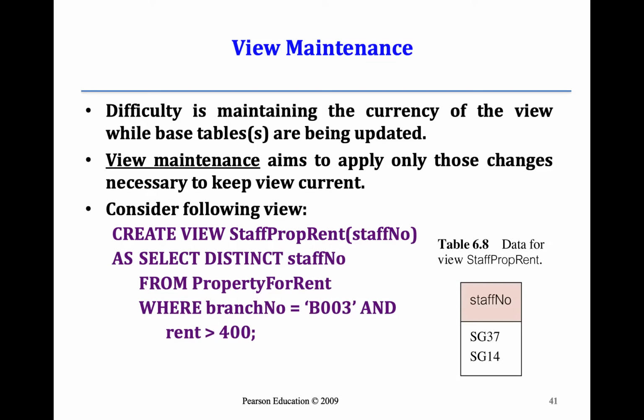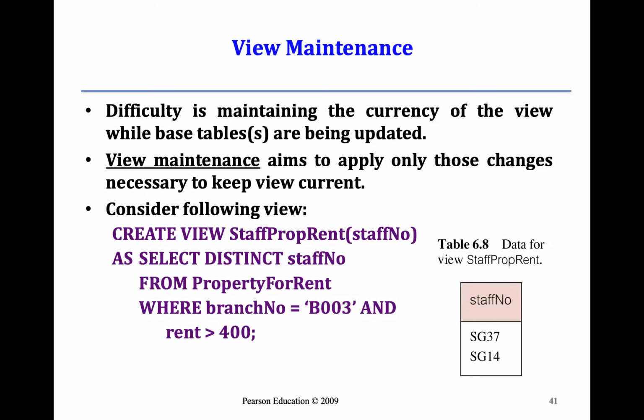So if there are updates to the underlying view, then we have to figure out what to do. Here you see this defining query. We are printing out all staff members that belong to branch 3 and manage a property whose rent is greater than $400.